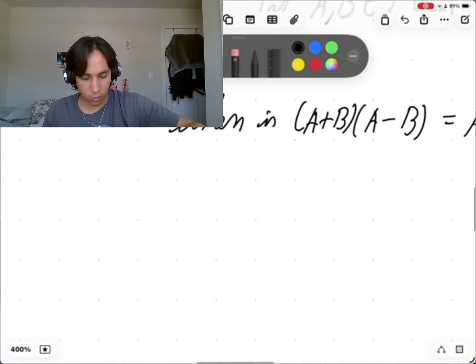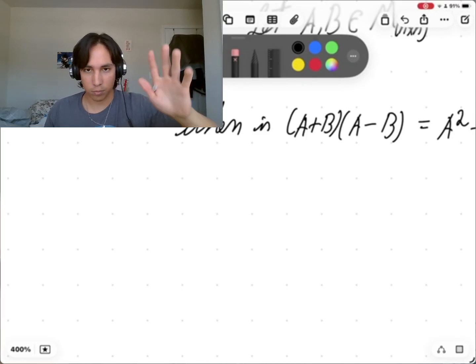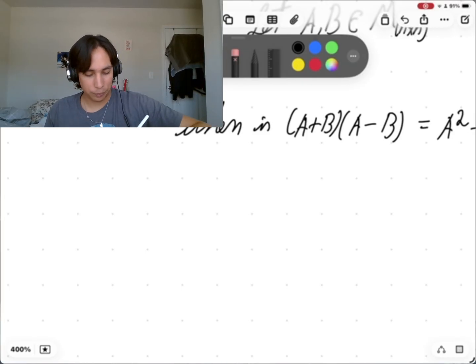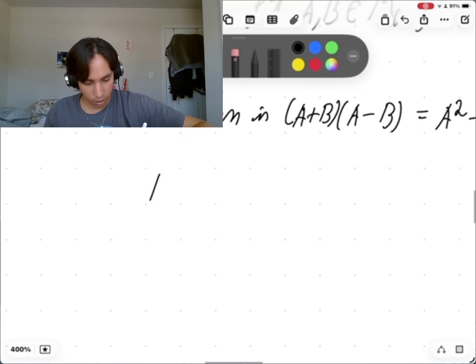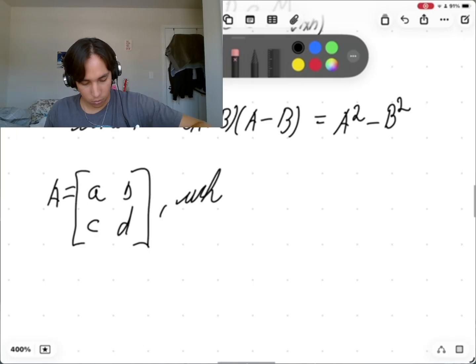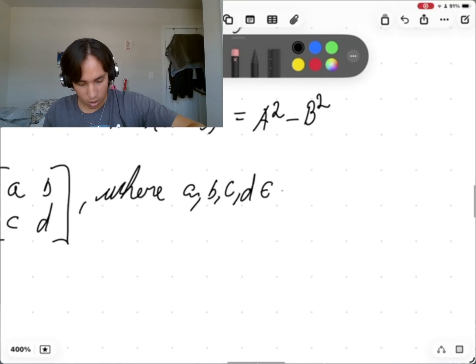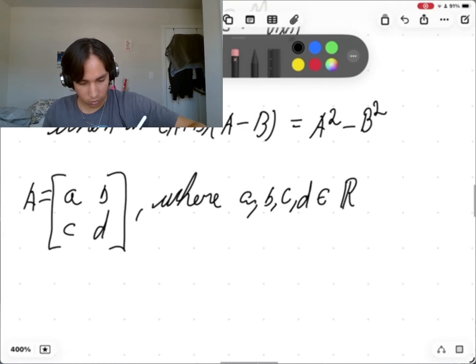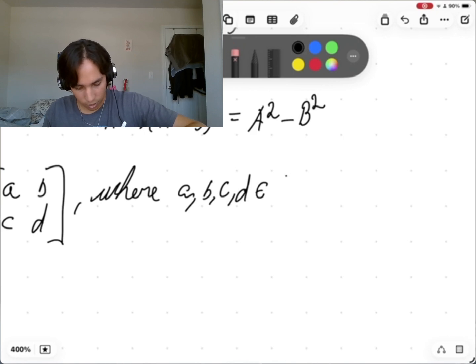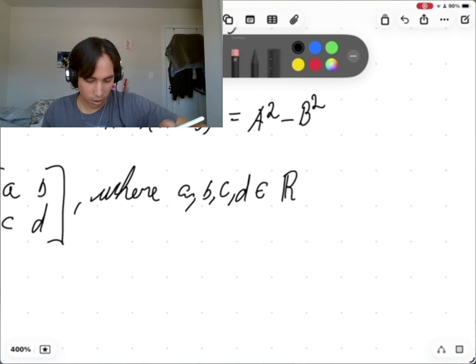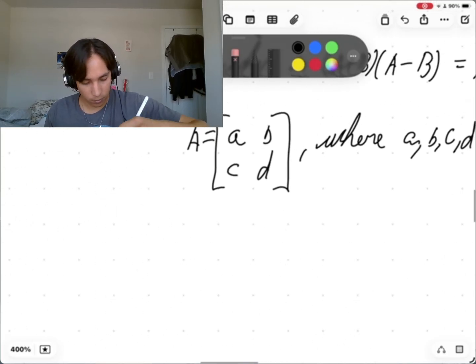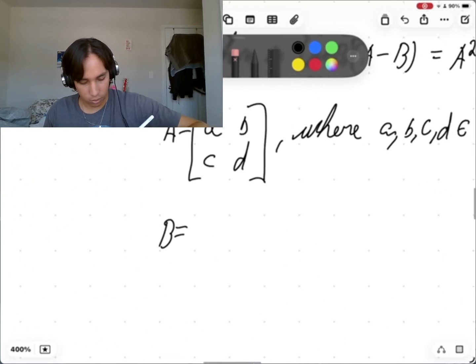I don't want to get into a lot of computations. So let's say A equals [A, B; C, D], where A, B, C, D are real numbers. Wait, I didn't do the R right, it's always kind of hard to get right. There we go, good enough. Anyway, B is [X, Y; Z, W].